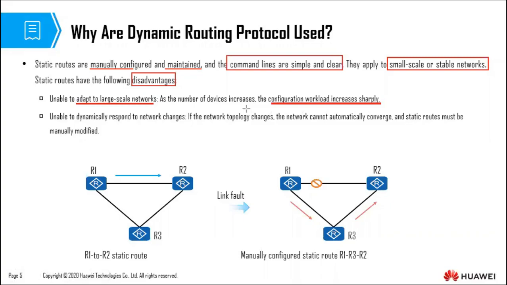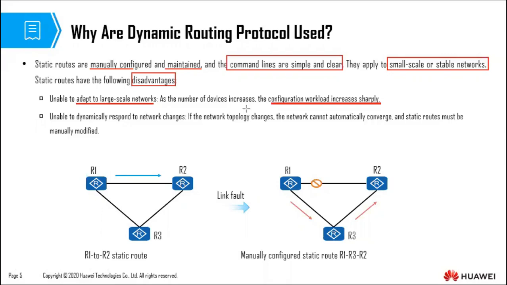So when we were saying that dynamic routes have the advantage of scalability, it means that you can add more devices quickly, because you won't need to do a lot of configurations. You'll only configure the OSPF process and the networks to be advertised on that particular device.